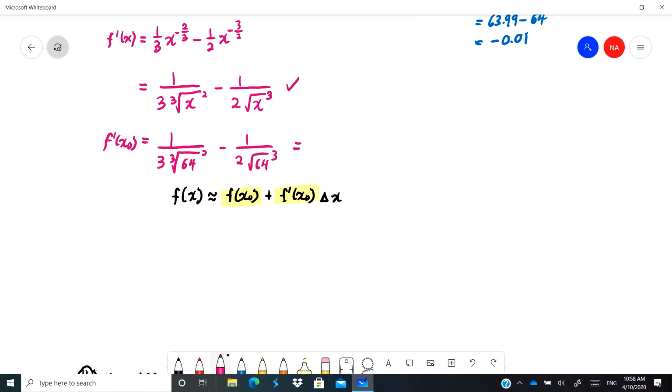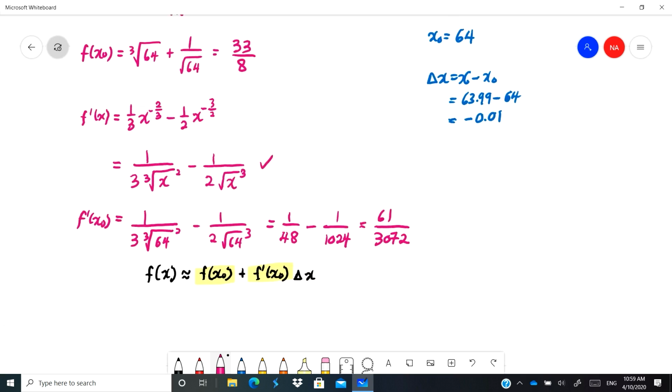All right, so calculating this using a calculator, 64 to the power of 2, we'll get 1 over 48, minus 2 times square root 64 to the power of 3, and then we'll have 1 over 1024. So calculating this, 1 over 48 minus 1 over 1024, we'll get 61 over 3072.